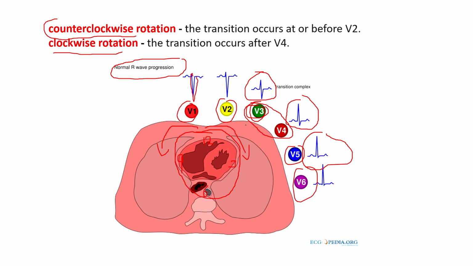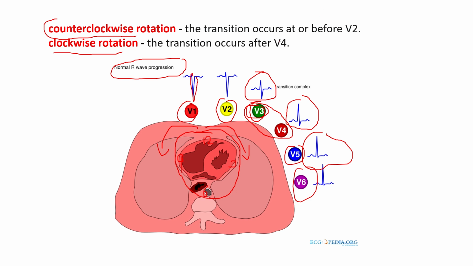And let me tell you some causes. For example, normally the left ventricle is bigger than the right ventricle. That's why it attracts a lot of electricity towards itself. But what if the right ventricle, due to some lung diseases, for example pulmonary hypertension, becomes hypertrophied? In this case, the right ventricle has bigger masses of muscle, so it attracts more electricity towards itself.